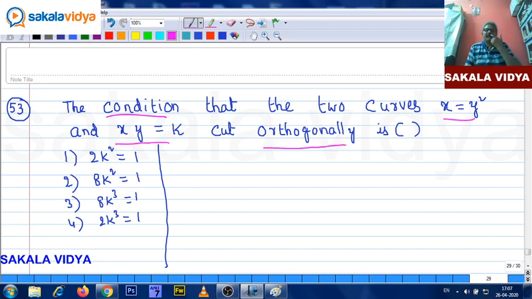That means angle between the two curves is 90 degrees. Then we need to find out the condition. Here also I will explain the condition to you. Shortcut we have discussed.